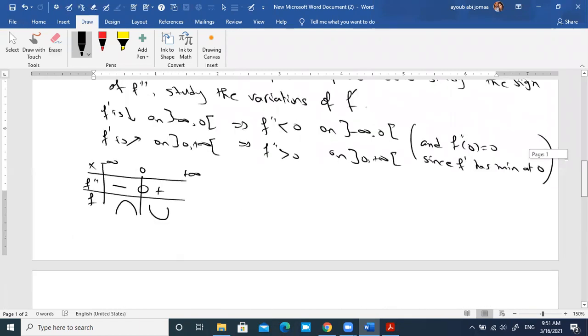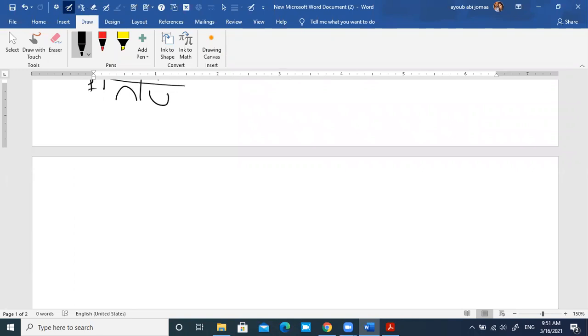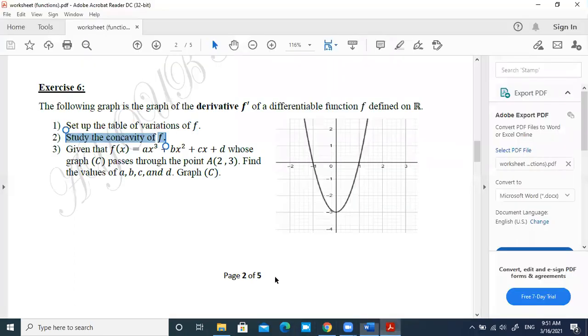Right. Now the third part and the last one. Here you are given the expression of the function.